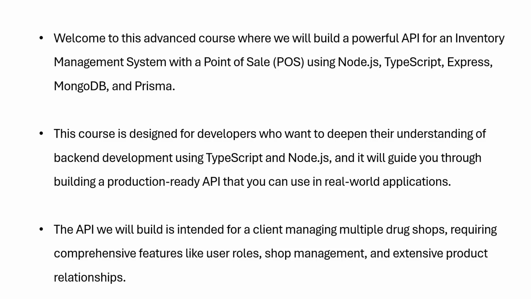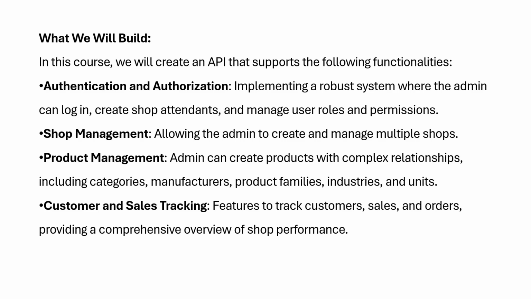And of course, we're going to look at a lot of product management and all that kind of stuff. So basically, what you're going to build in this course is an API. As I've said, in the future, after finishing the API, we might look at building the React Native part of it, where we consume this API.